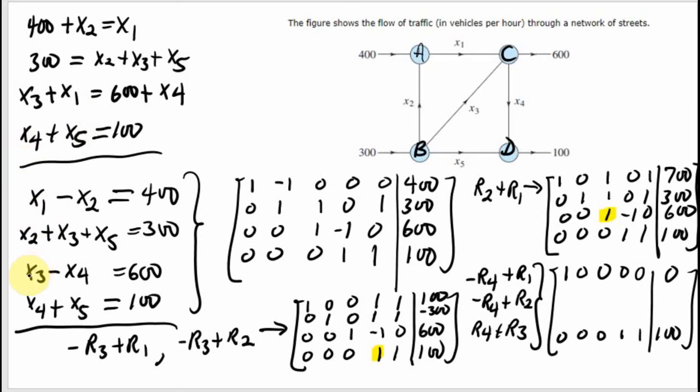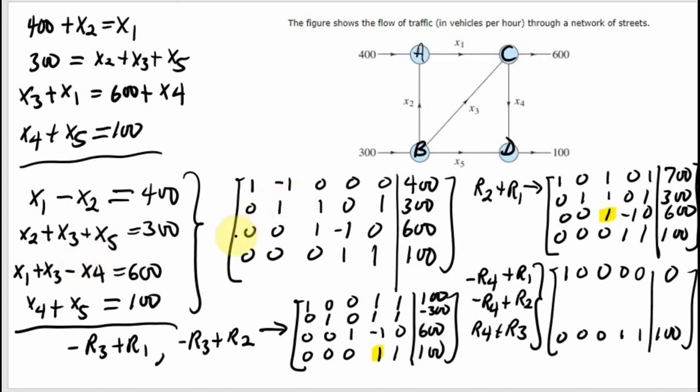So it looks like that third equation, so this is x sub 1 plus x sub 3 minus x sub 4 equal to 0.